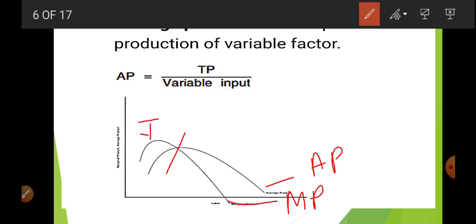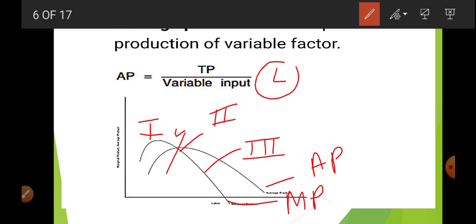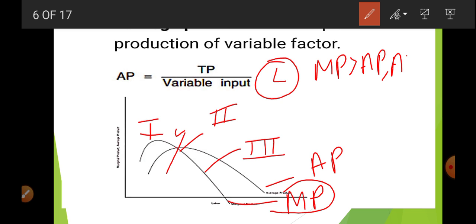This is the first part, up to point L, this is the second part, and after point L is the third part. Till L, which curve is greater? When MP is greater than AP, AP increases. Here you can see till L, the MP curve is above, so AP is increasing.